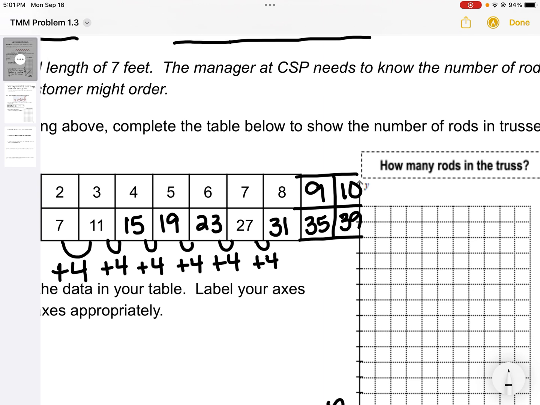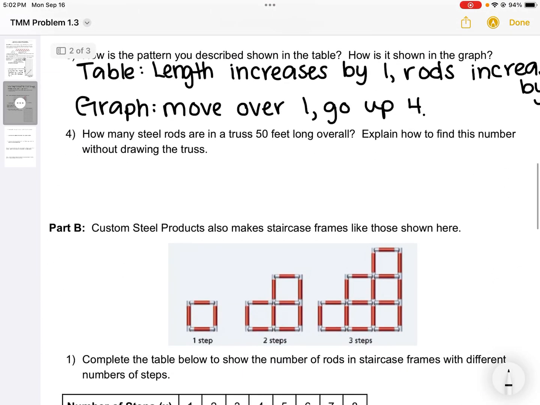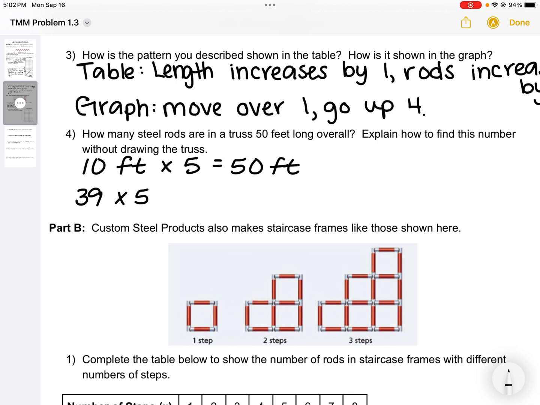Since my goal is to get to 50 feet, I can take the 10 feet and multiply it by 5. Let me go back down to my question. So I can take the 10 feet and multiply it by 5 to get to the 50 feet. And I can take the number of rods, which were 39, and multiply it by 5. When I do 39 times 5, I should get 195.